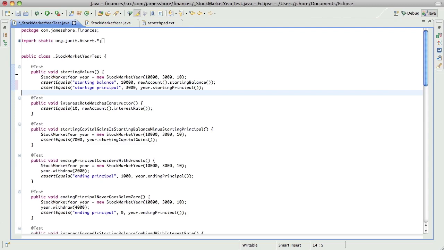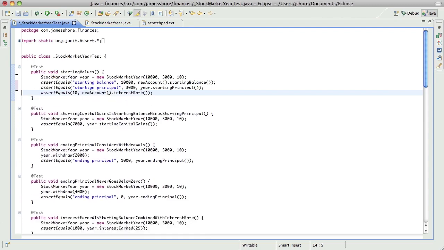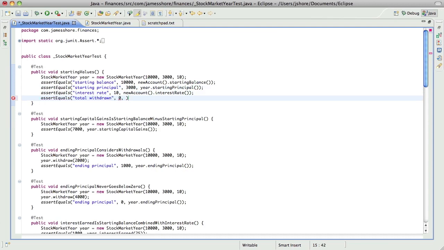Sometimes I won't even test this stuff because it is just a simple assignment in the constructor. But since it's in there, I could have said defaults to 0, but if this fails, it will say total withdrawn default expected 0 was whatever. So when I do an assert equals, I think about how it's going to read in the failure.